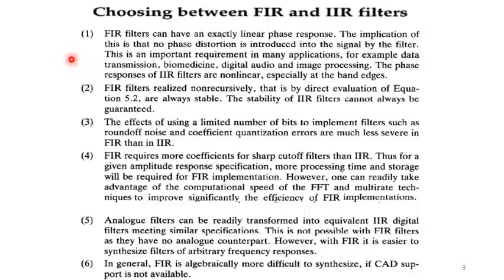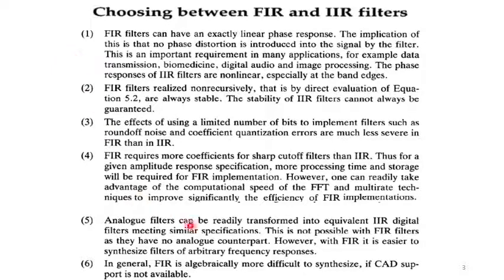So that's a plus point of IIR. However, one can readily take advantage of the computational speed of FFT and multi-rate techniques to improve significantly the efficiency of FIR implementation. But it is a fact that FIR will require more computation and more storage in comparison with the IIR.